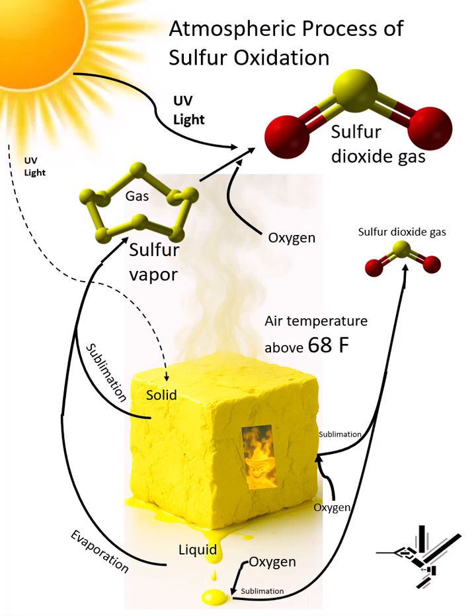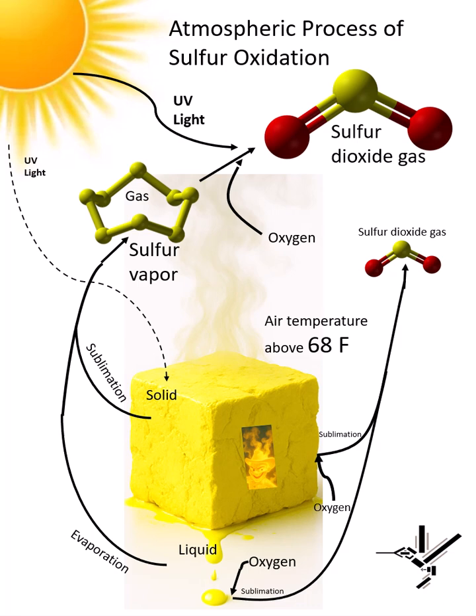And to the right, you see that sulfur is reacting directly with oxygen to form sulfur dioxide gas. The pathway to the left, to the sulfur vapor, is by far and away what is happening the most.